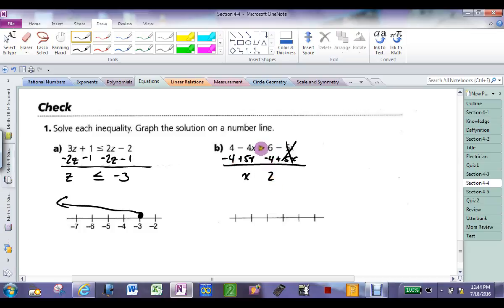Does the sign change? No, sir. Graph it. What's the only number that matters? 2. Where can I put it? Anywhere. Do I color it? No, because it's not equal to. It goes right. Why? Because the letter's first. Got it? Good.